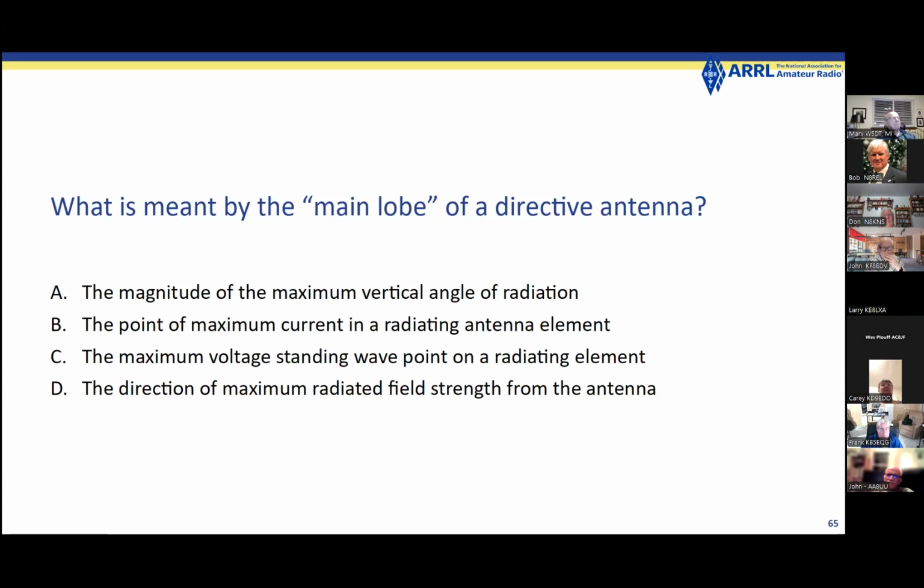What is meant by the main lobe of a directive antenna? The magnitude of the maximum vertical angle of radiation, the point of maximum current in a radiating antenna element, the maximum voltage standing wave point on a radiating element, the direction of maximum radiated field strength from the antenna.